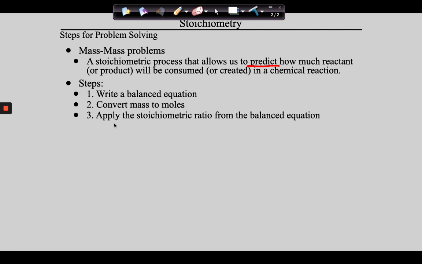And then finally step 4 is the opposite of step 2. You're going to convert moles to grams. Again, the only essential from the previous unit. Only in the other direction.